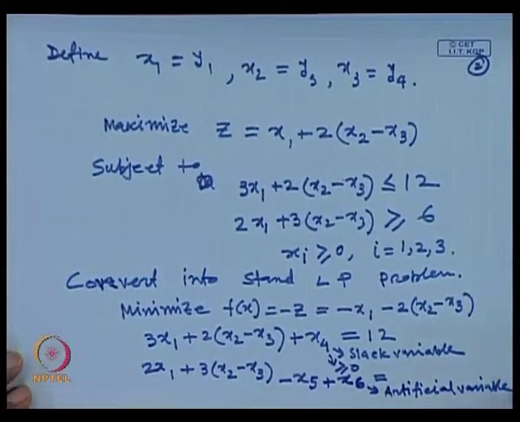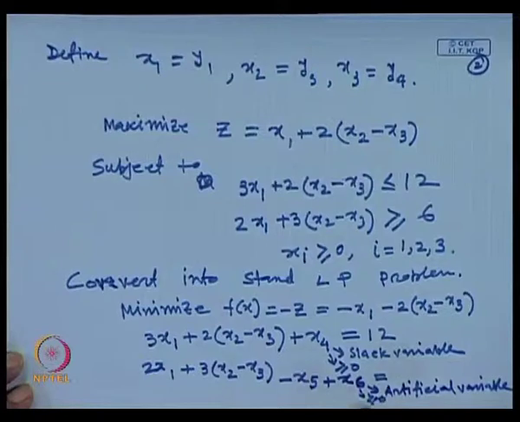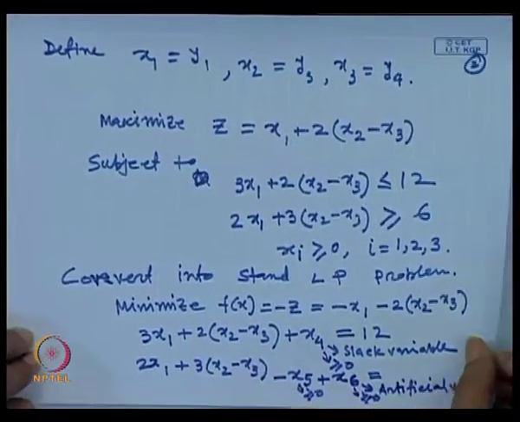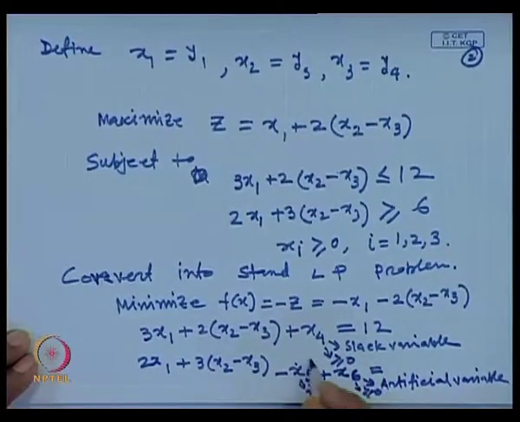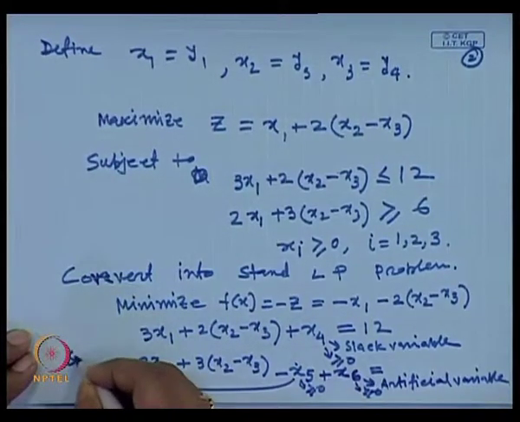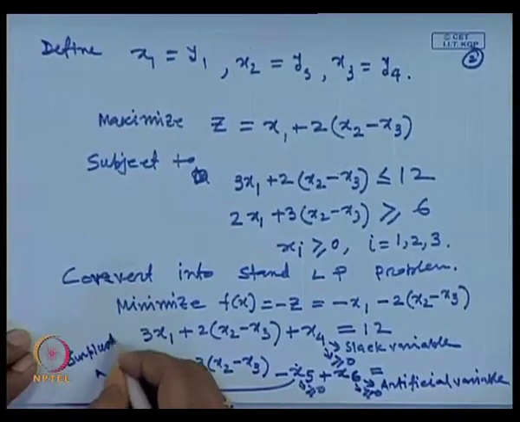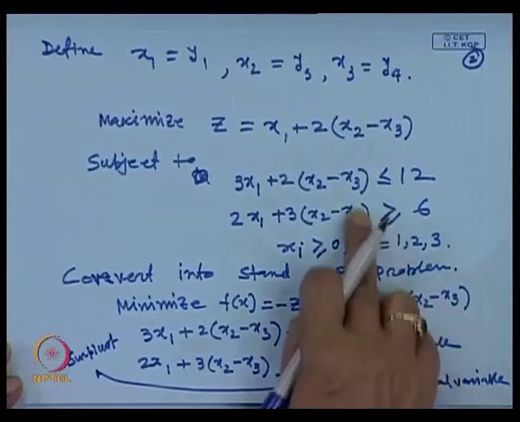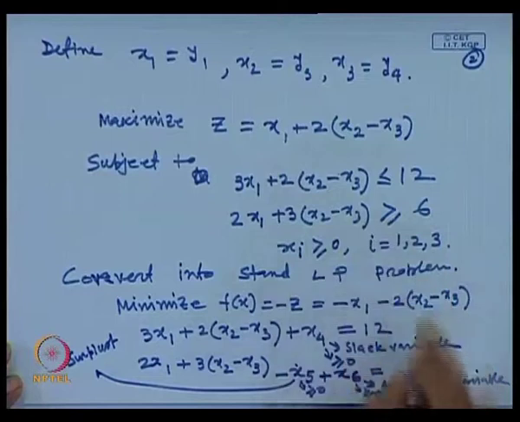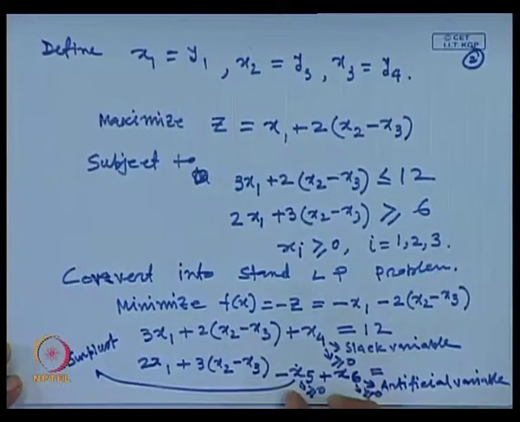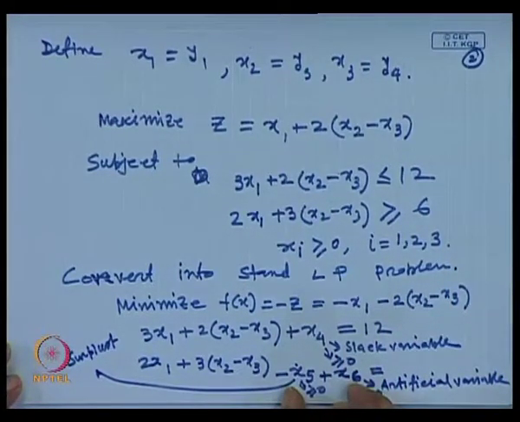This artificial variable's value is greater than or equal to 0, and this x 5 with the minus sign is called the surplus variable. So, when this type of inequality is there, we have to introduce two variables, one is a surplus variable, another is an artificial variable.